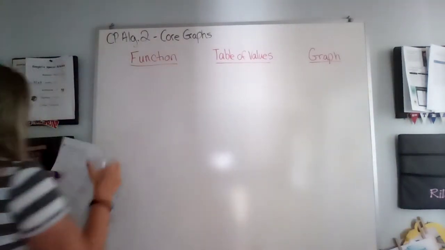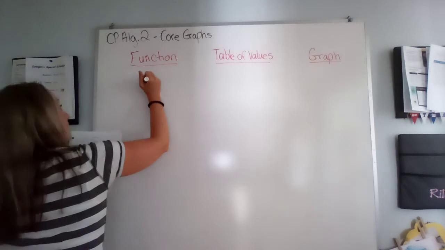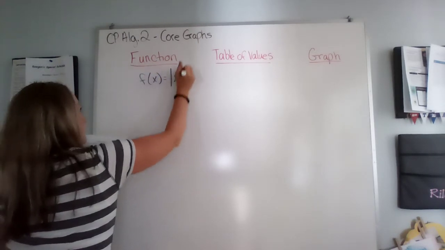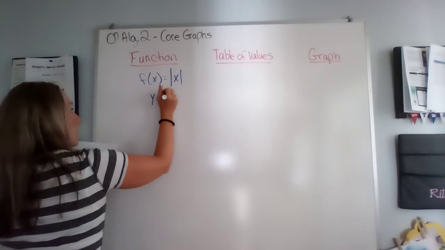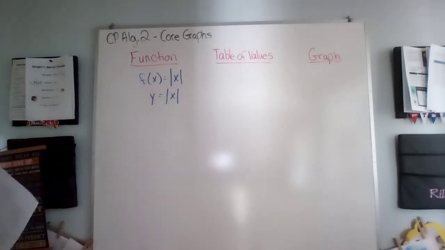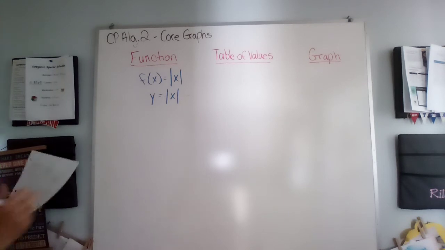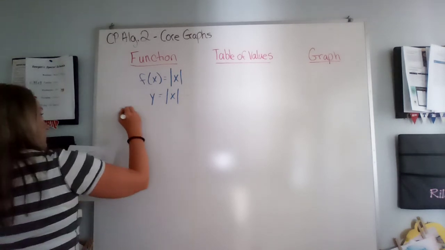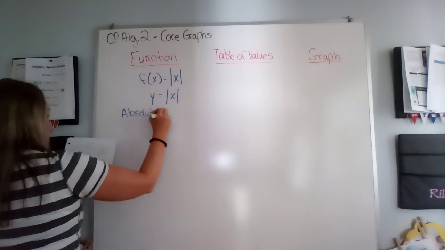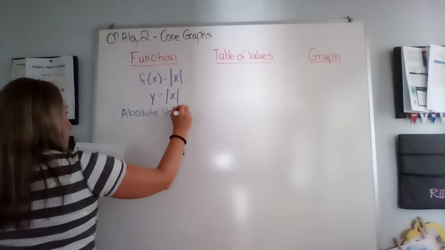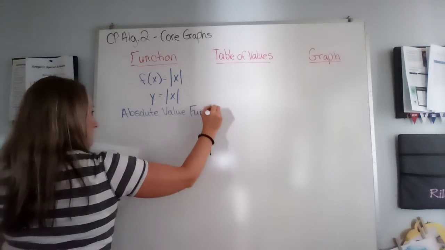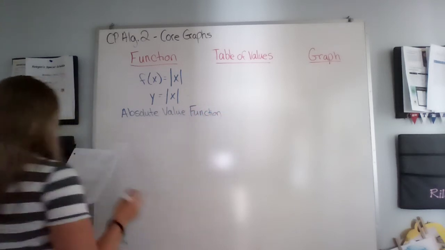Number 3 is f of x equals the absolute value of x. Again, you can think of it as y equals the absolute value of x instead of in function notation. For graphing purposes, sometimes that's easier. This is known as the absolute value function. All right.